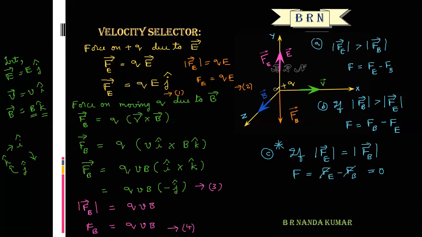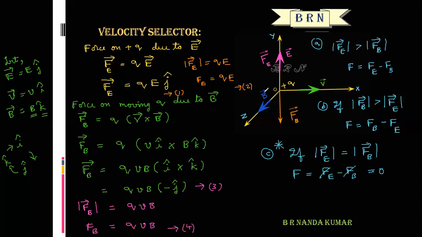Suppose the magnetic field strength is much stronger as compared to the electric field strength, the net force acting on the charged particle is FB minus FE. So the charged particle is moving vertically downwards, right?